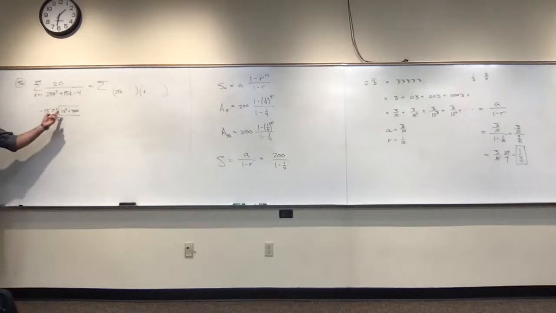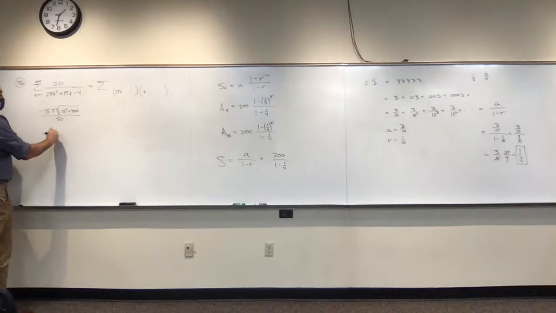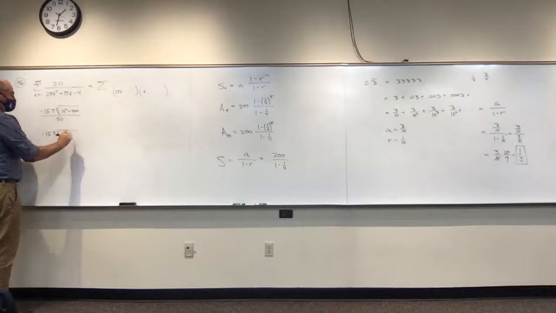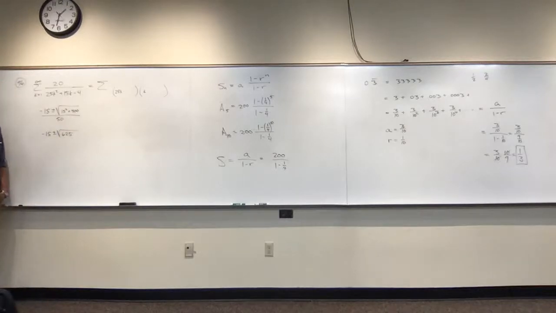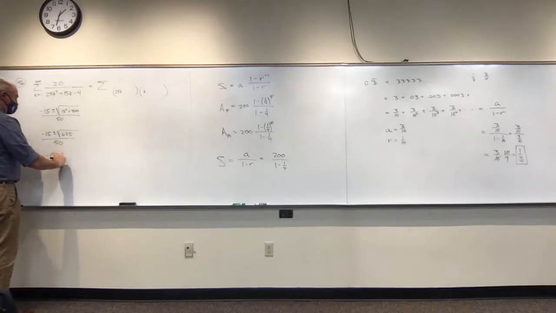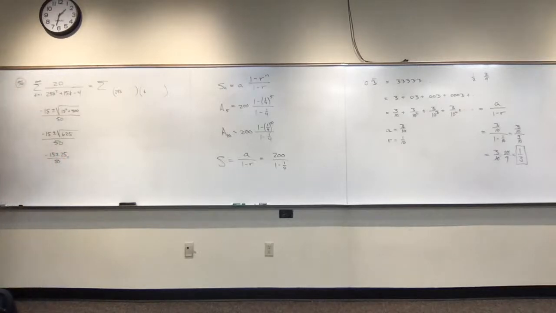Okay, what's 15 squared? 225. So this is negative 15 plus or minus the square root of 225 plus 400, which is 625. Is that a perfect square? Yes. What is it the perfect square of? 25, all over 50.